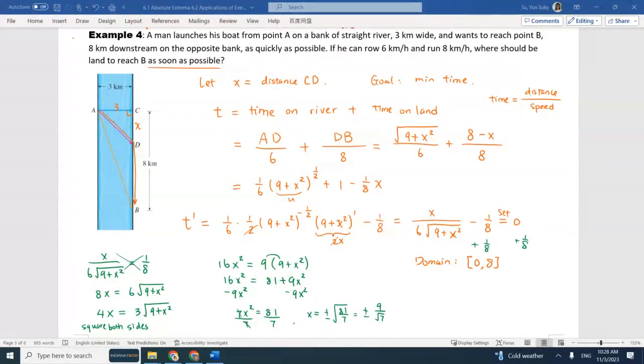And so we draw the table, 0, 8. Do you see? Now we only take the positive root. We don't pick the negative. Okay, 9 over square root of 7.